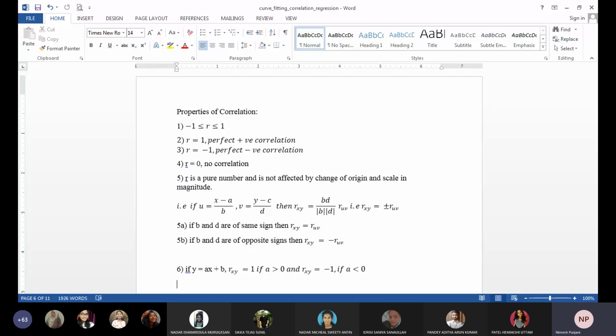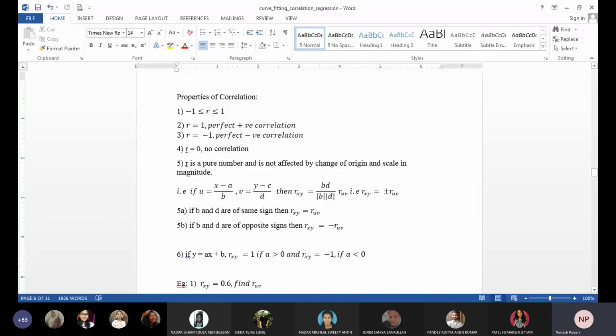So these are the 6 properties which are very important. You can take a screenshot of the 6 properties right now so that it will help us to solve the examples.